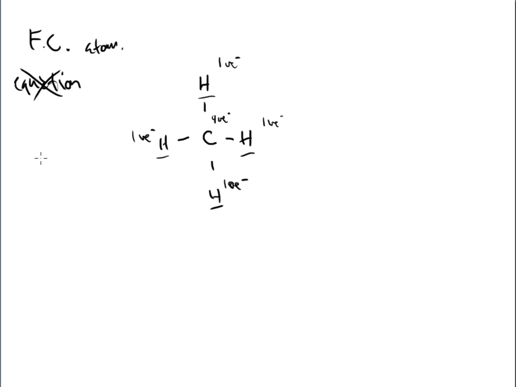The next thing that you need to do is that every line that is drawn to that atom will represent 1 valence. Because keep in mind, the bonds represent 2 electrons, but one of them is coming from one atom, the other one's coming from the other atom, and they're coming together to share those electrons with each other. One brings one to the table, the other one brings the second one to the table.